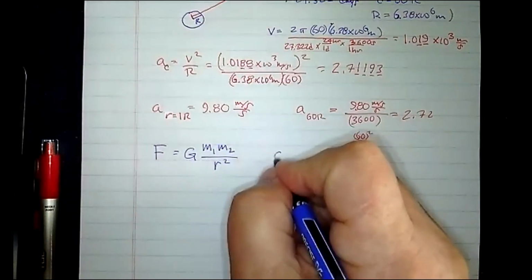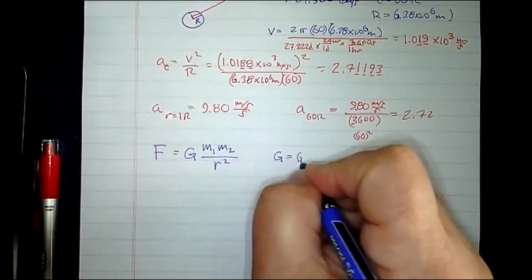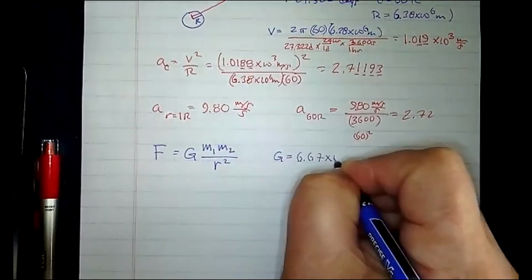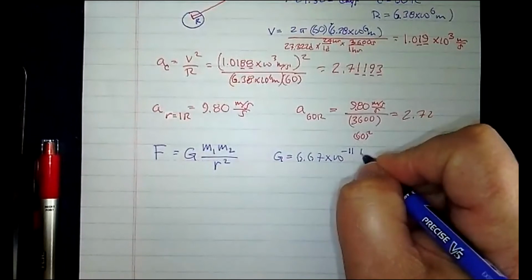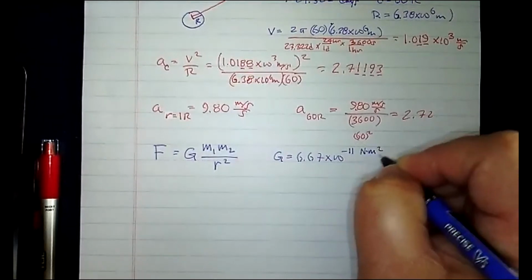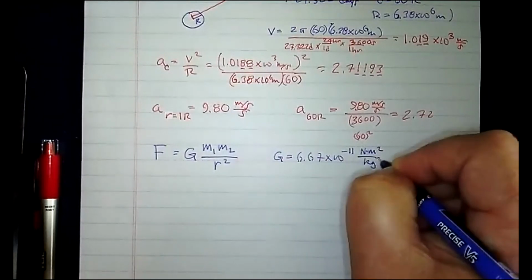And experimentally, it's been determined that G is equal to 6.67 times 10 to the negative 11th. You can tell the unit should be newtons meters squared per kilogram squared.